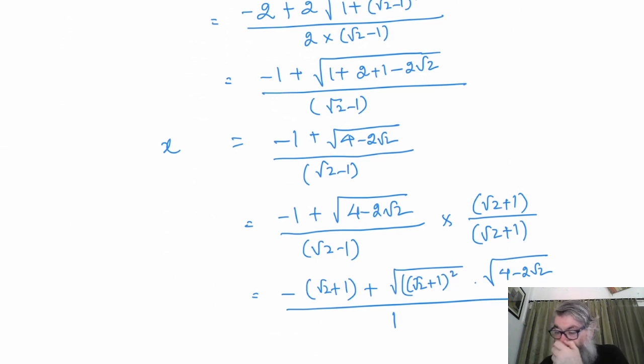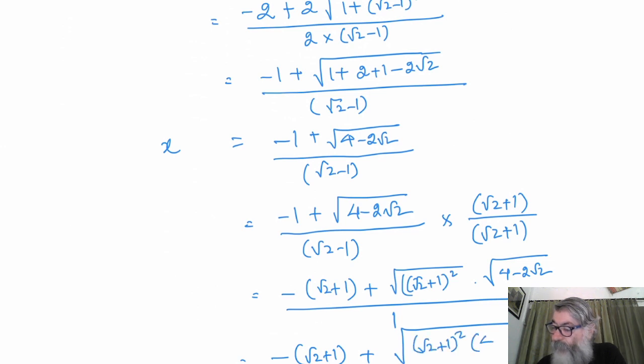The purpose is that both these factors are under root, so they can be multiplied together. That is minus root 2 plus 1. And what I can write here is (root 2 plus 1) whole square into (4 minus 2 root 2), and I'll simplify it further.